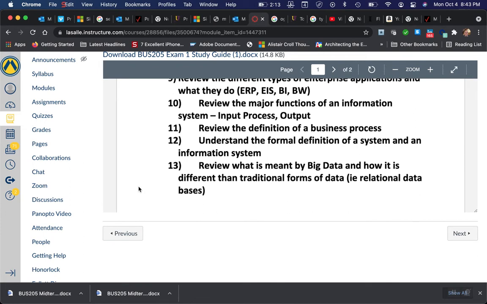All right, so that's kind of what big data is. Data is so big that a relational database no longer really helps us.